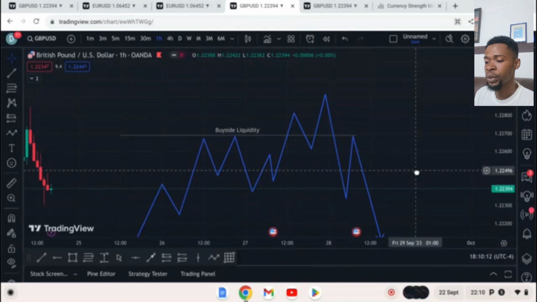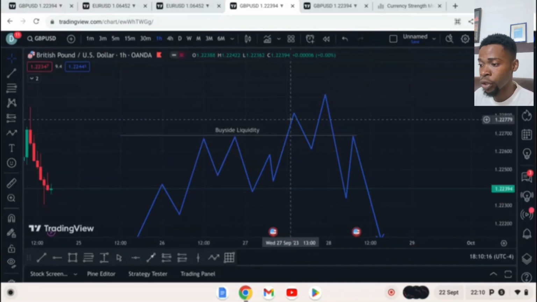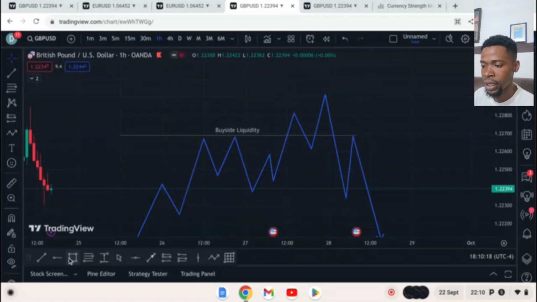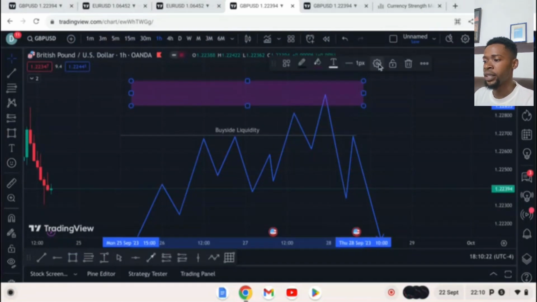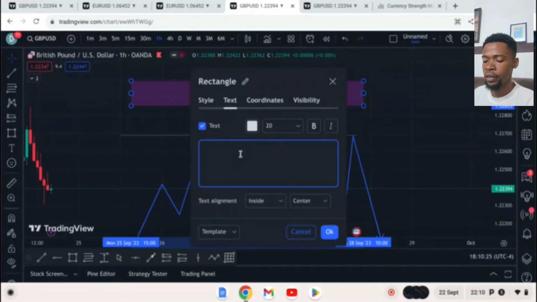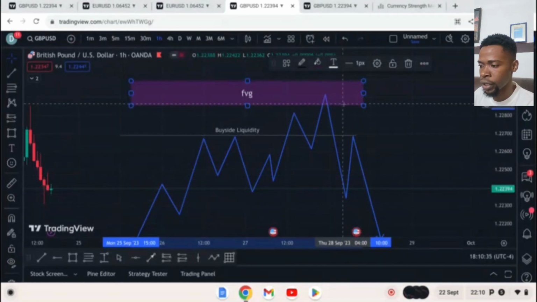So the rule is supposed to be like this. After breaking this buy side liquidity, after sweeping it to the upside, you wait for it to get into a PDRA over here. This PDRA here can be in the form of a fair value gap, order block, breaker block, anyone at all that it gets to over here.